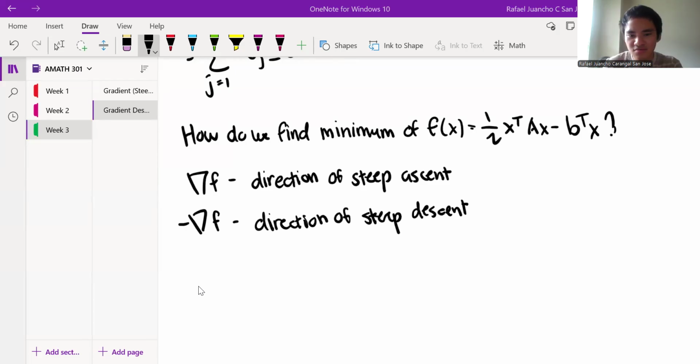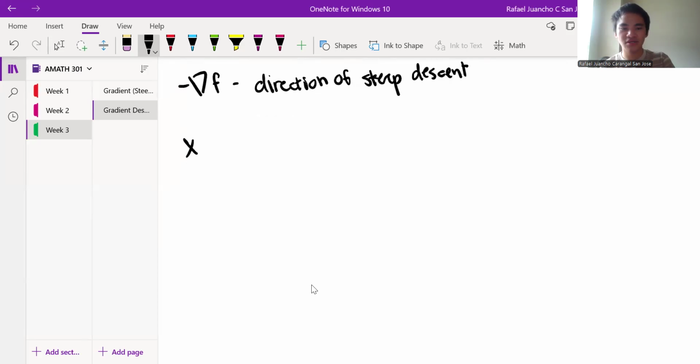And therefore, we can make an original guess x naught, and we can use our iterative scheme. So we say x_{j+1}, which is the next value, is just x_j minus tau times the gradient of f of x_j.